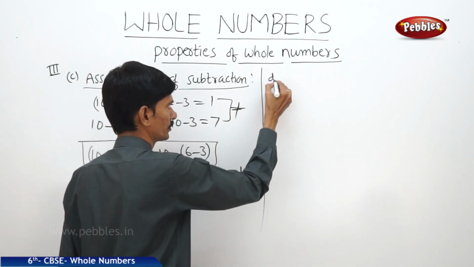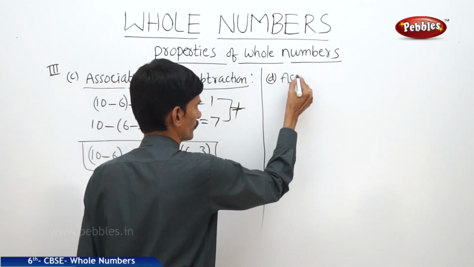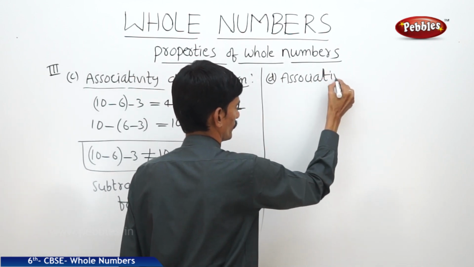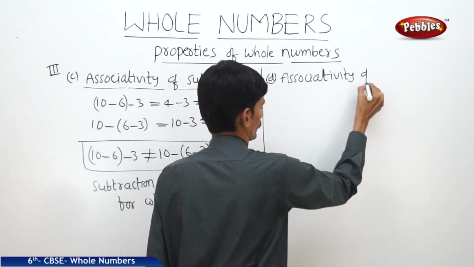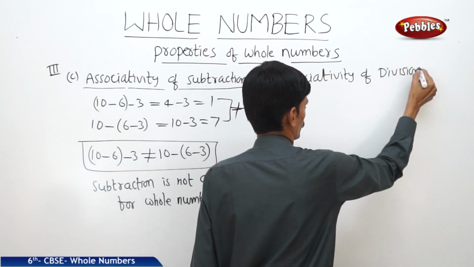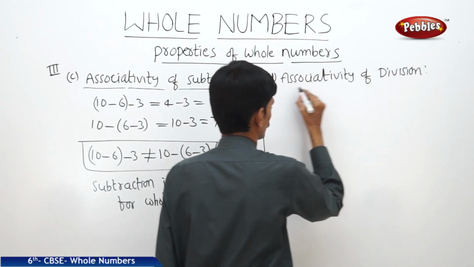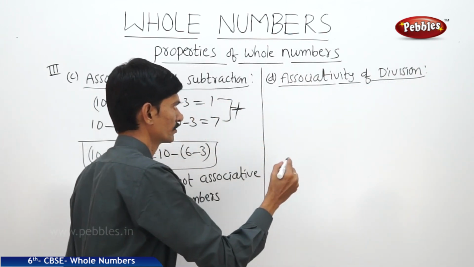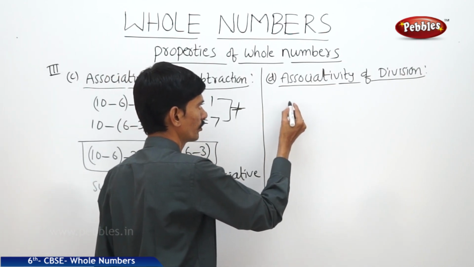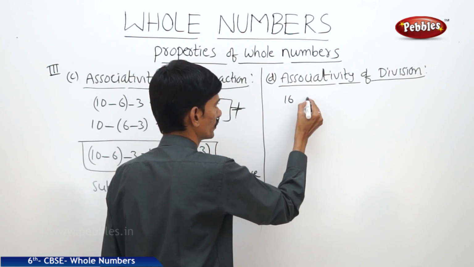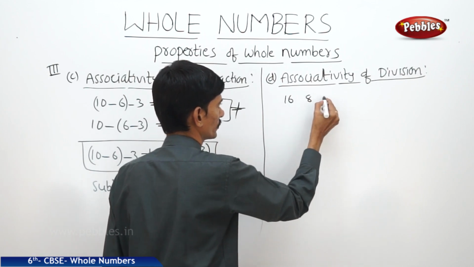Now the fourth one is associativity of division. Here also we take any three whole numbers such as 16, 8, 2.